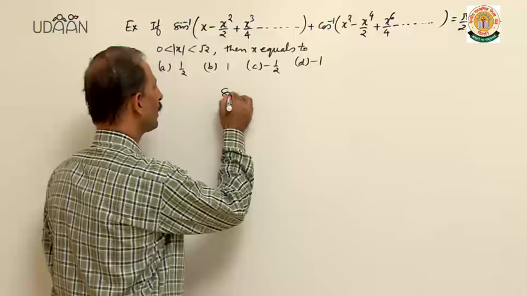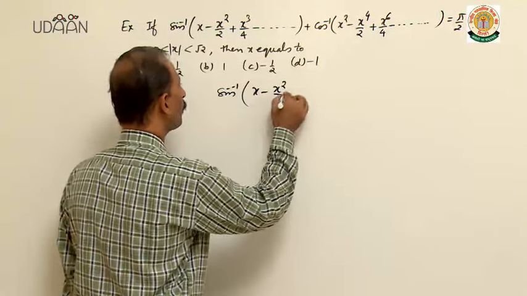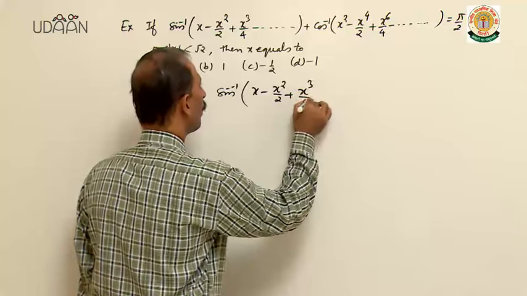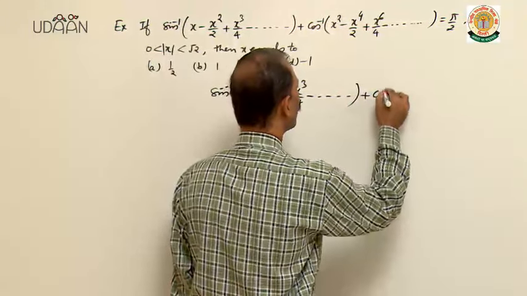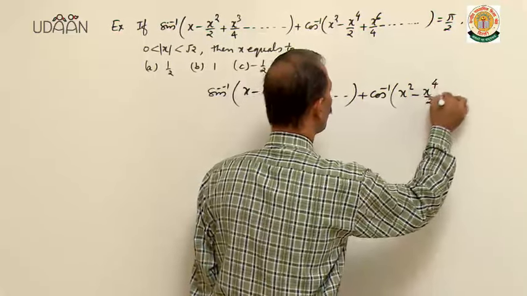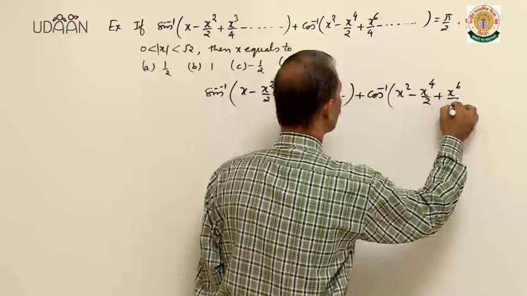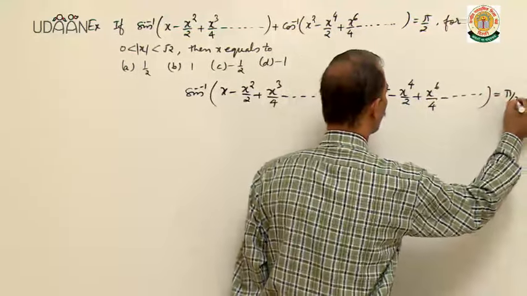First, the given expression is sine inverse of x minus x square upon 2 plus x cube upon 4 minus infinite terms, plus cos inverse of x square minus x power 4 upon 2 plus x power 6 upon 4 minus infinite terms. Their sum is pi by 2.